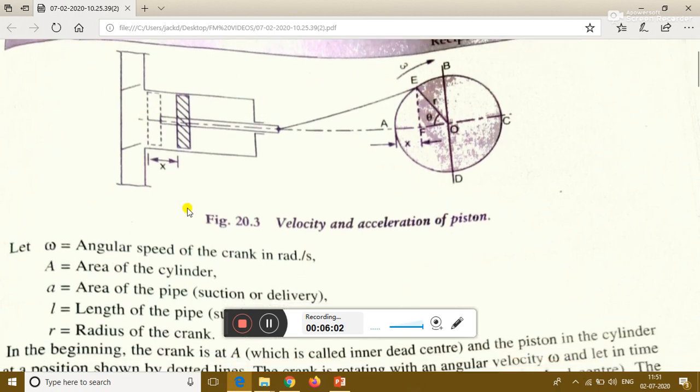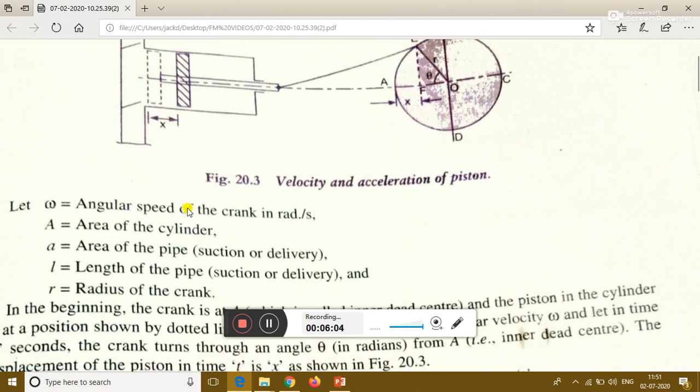Now, omega is the angular velocity of the crank in radians per second, and capital A is the area of cross section of the cylinder, which, if the diameter is d, is pi by 4 into d squared. Then small a is the area of the pipe.